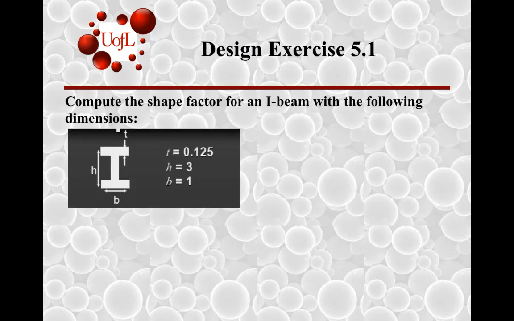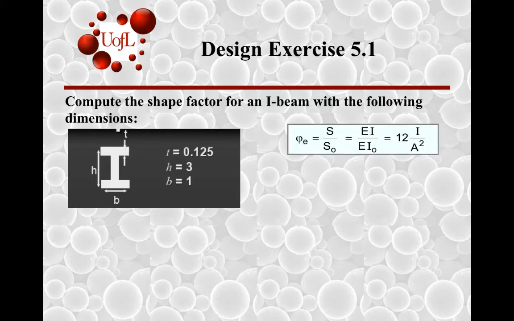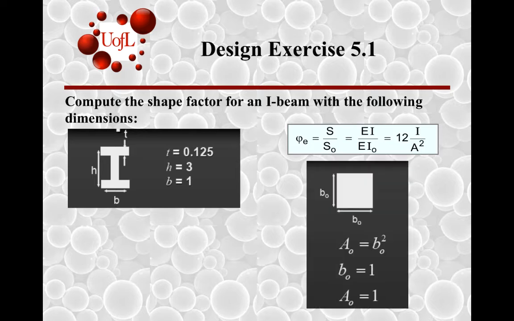Suppose we consider an I-beam and we have the specific dimensions. H is 3, B is 1, and the thickness is 0.125. So phi we can determine as an efficiency factor for the shape as 12I by a square. Now we know that for a square cross section, if B0 is equal to 1, the area is 1.